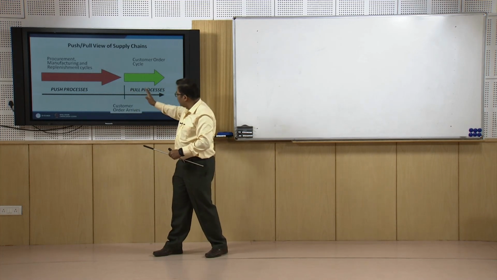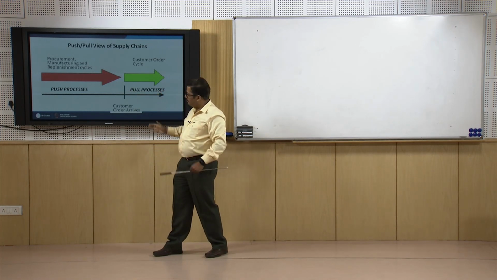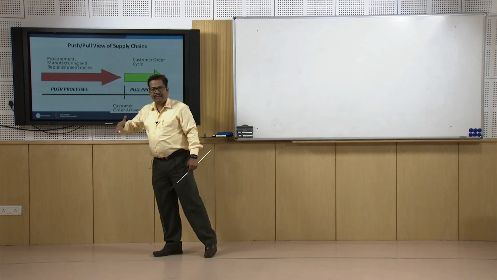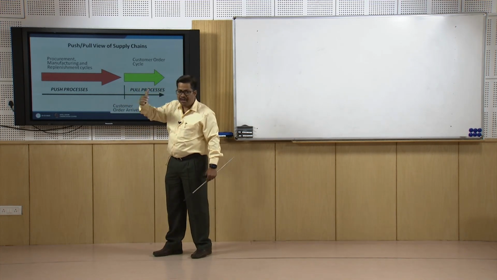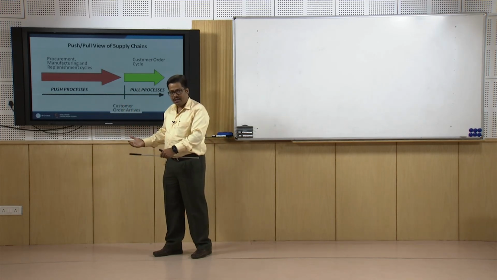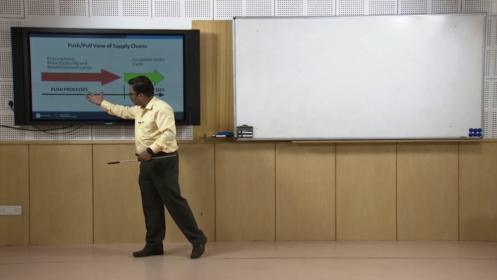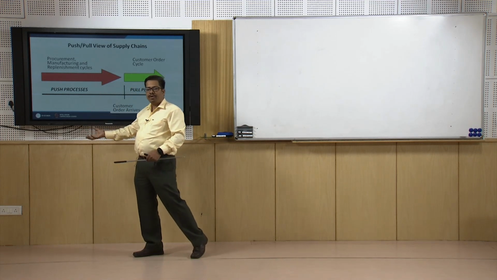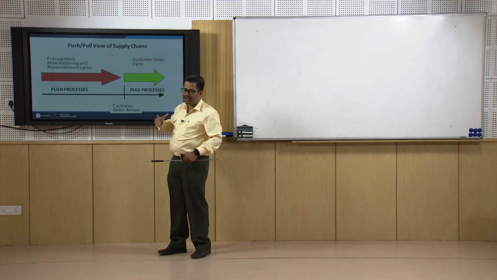So these processes are reactive in nature. Push processes, because we feel that there will be demand, are in anticipation of demand. Demand has not occurred so far, but these processes are more proactive in nature.